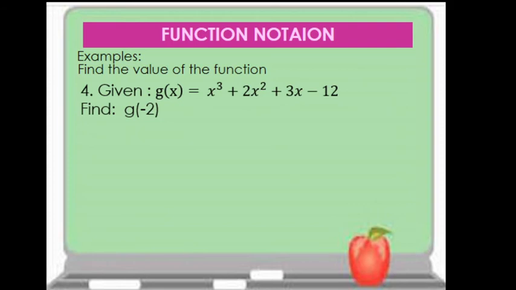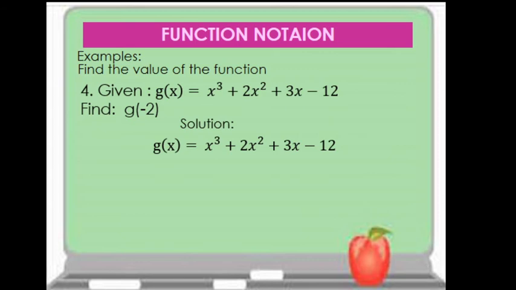Next, given g of x is equal to x cubed plus 2x squared plus 3x minus 12. So, we're going to find g of negative 2. So, g of x is equal to x cubed plus 2x squared plus 3x minus 12.